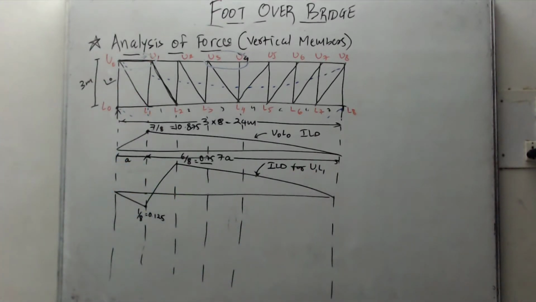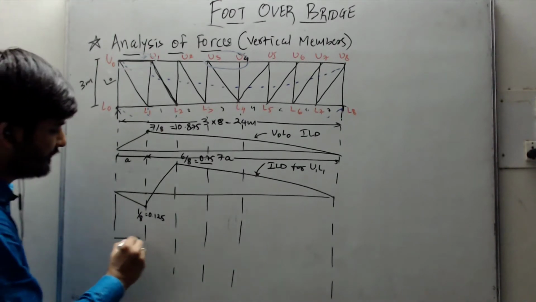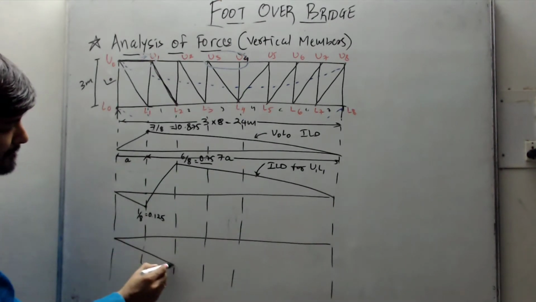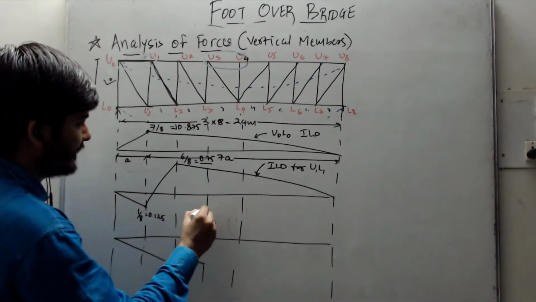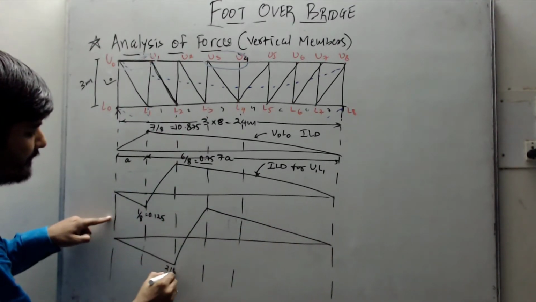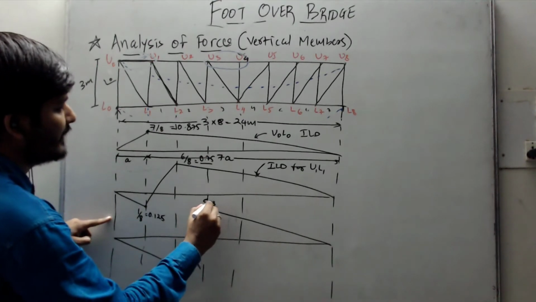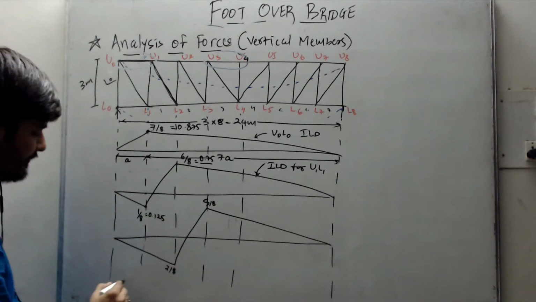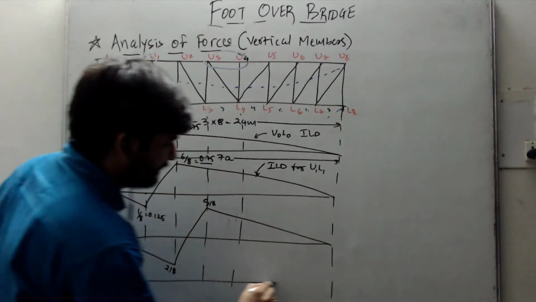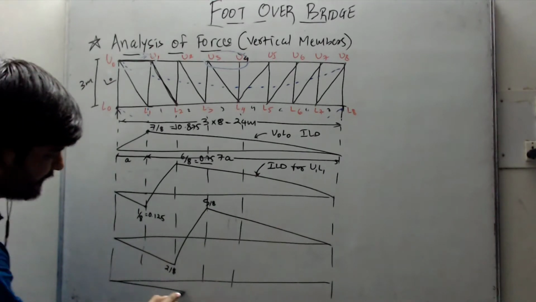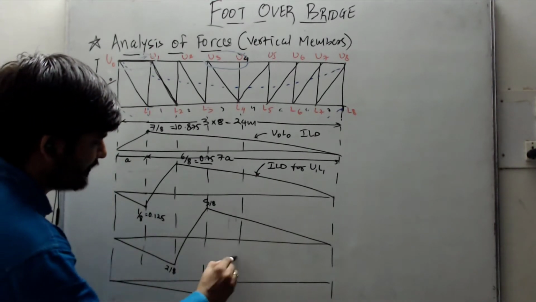Similarly for the third member also I need to calculate. So let me draw a diagram like this. Now I have a value over here, and this will go like this. Here it will be 2 by 8, and here it will be 5 by 8. And for the last member, there is a constraint of space, but I hope you understand this. I need to draw like this, then it will go up to here and like this.